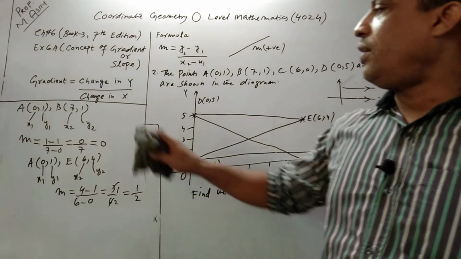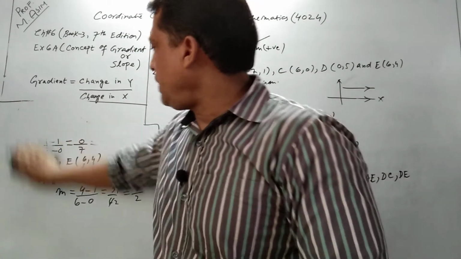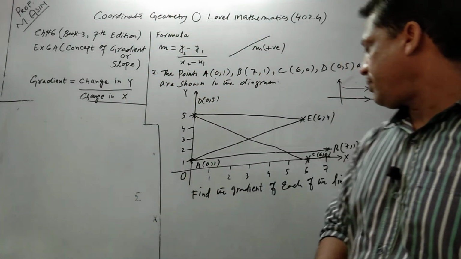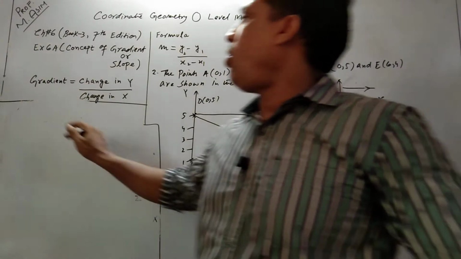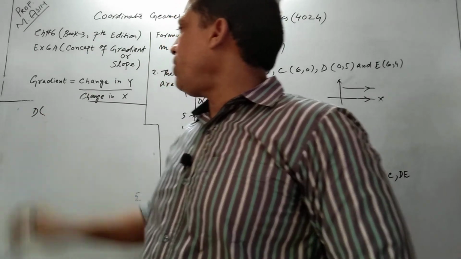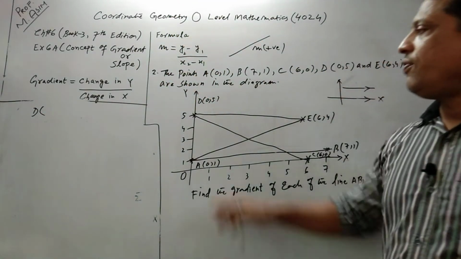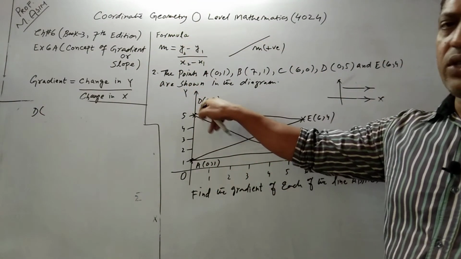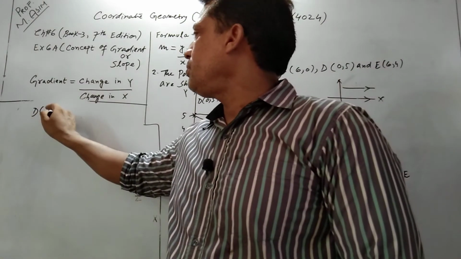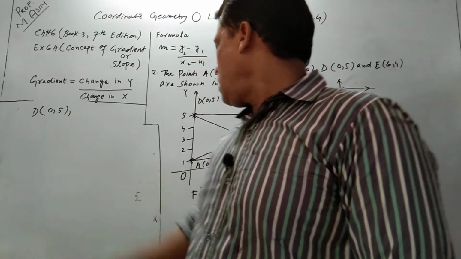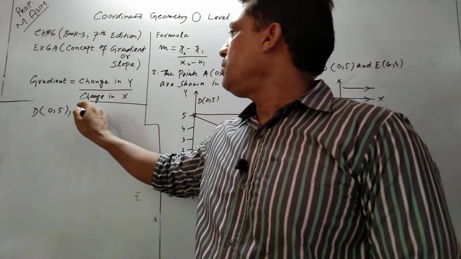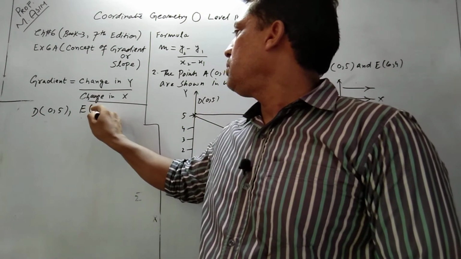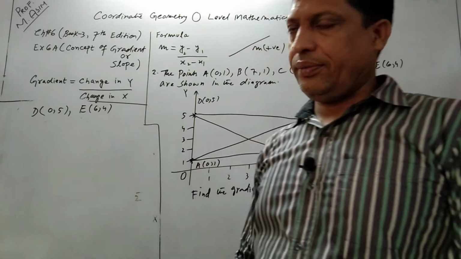The next part of this question is find the gradient of DC. In order to find the gradient of DC, you need the coordinates of D. What are the coordinates of D? 0, 5. What are the coordinates of E? 6, 4.